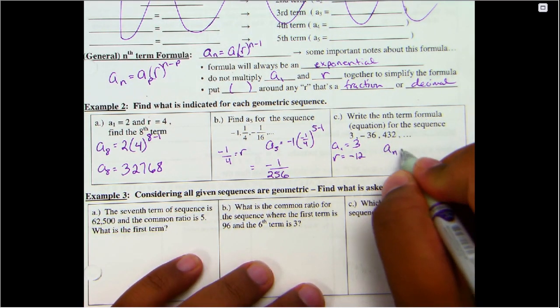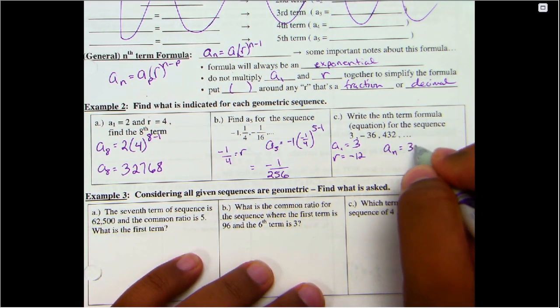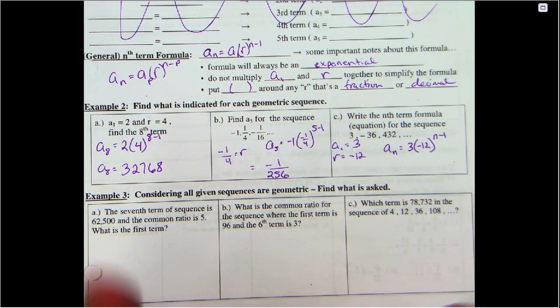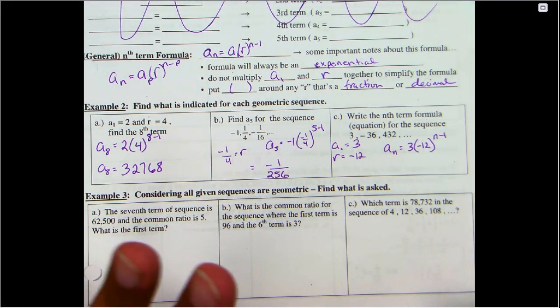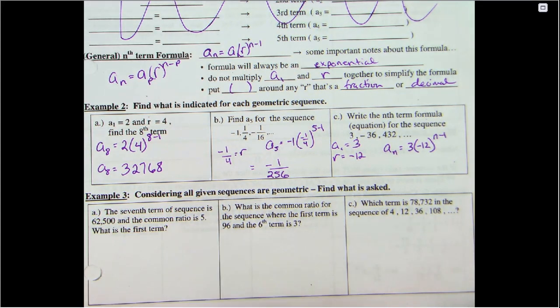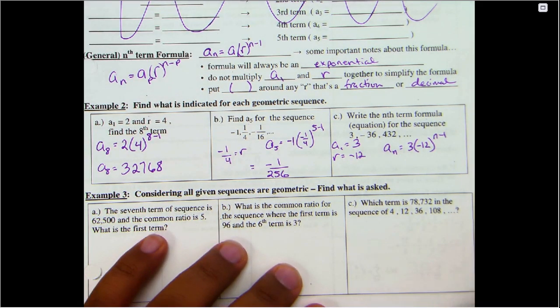So you would say a sub n is 3, negative 12 to the n minus 1, and you leave it just like that. There's nothing else to do there. There's nothing else to simplify. Okay. Any questions about that?